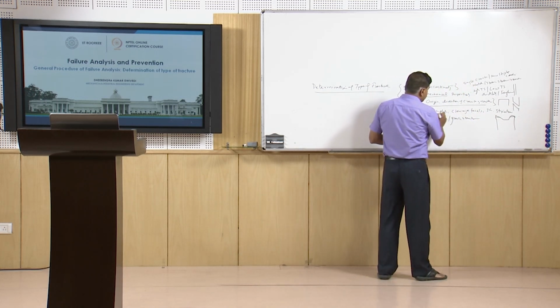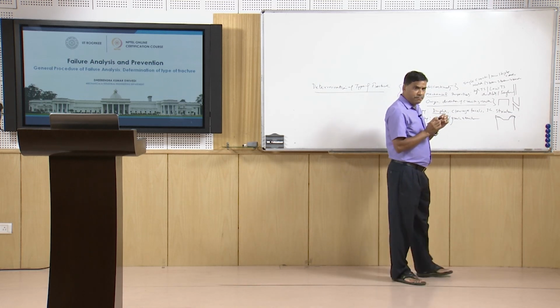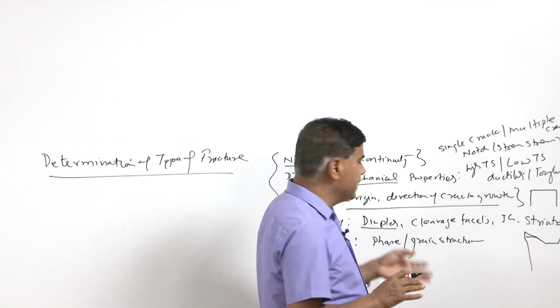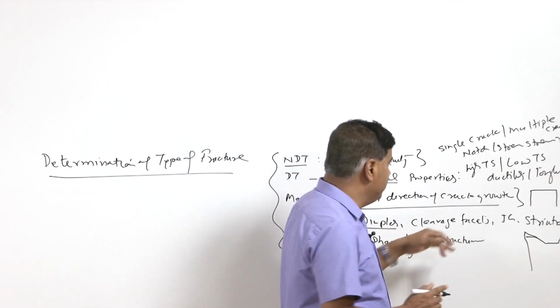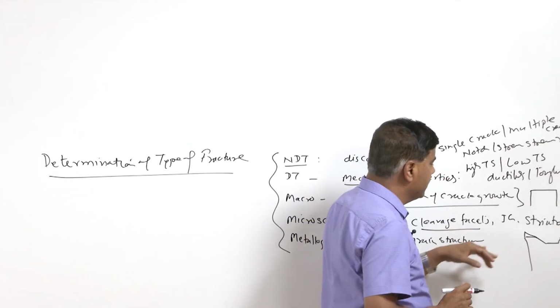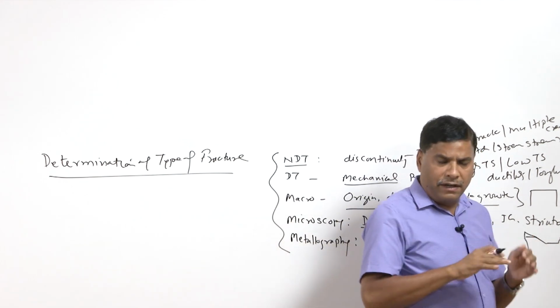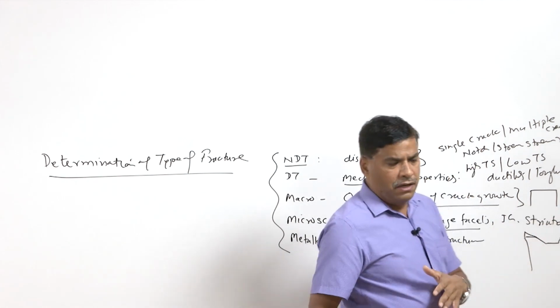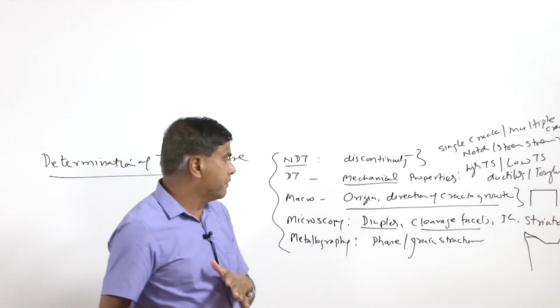Microscopy indicates the microscopic fracture mechanisms: dimple fracture indicates ductile fracture, cleavage facets indicate brittle fracture, intergranular fracture is also a type of brittle fracture, and striations correspond to fatigue fracture.